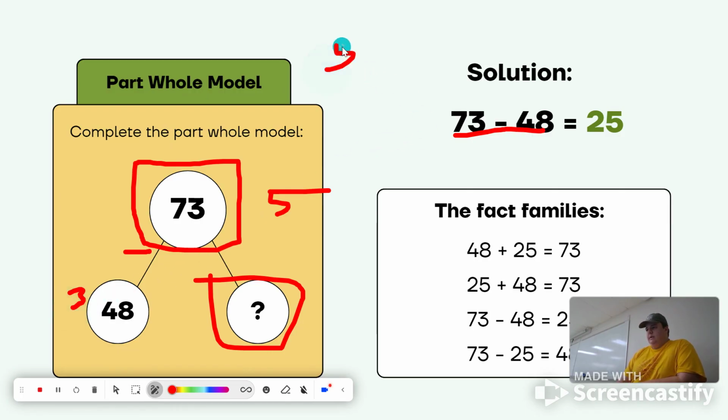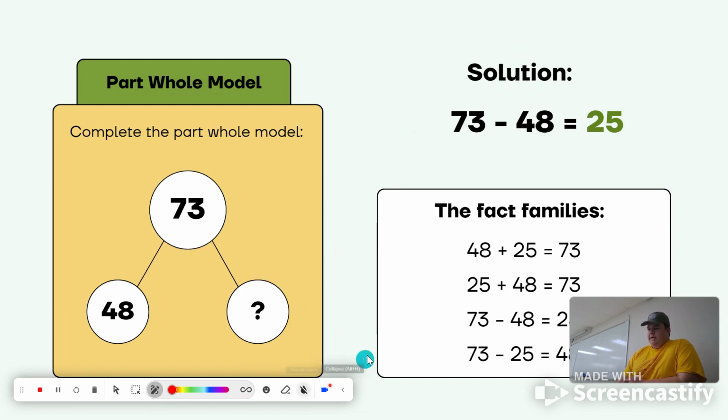Then you come up here and say, okay, so 5 is my answer, I'm subtracting 3 from it, and that'll equal 2. So it's a very easy way for students to see a visual concept for them to help them identify what the operation is.